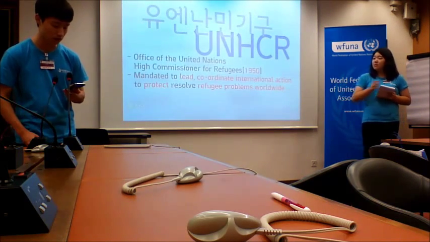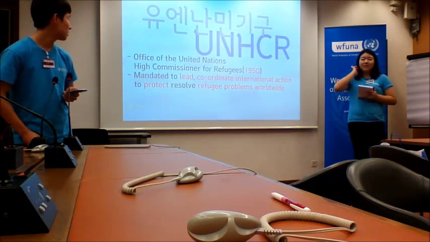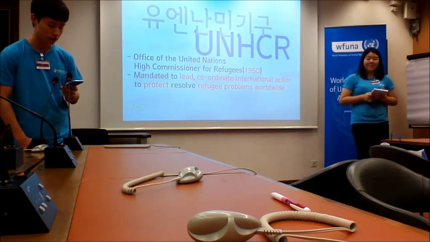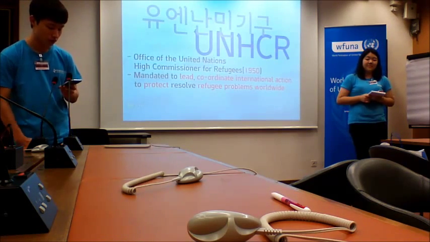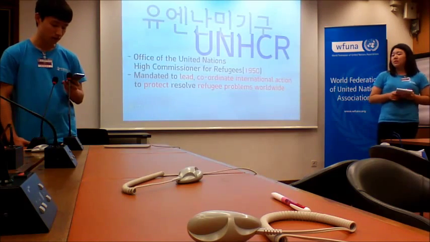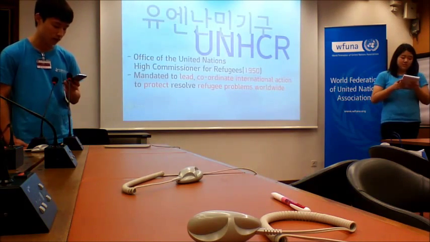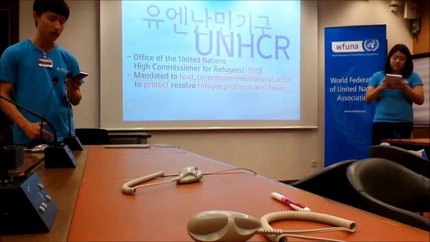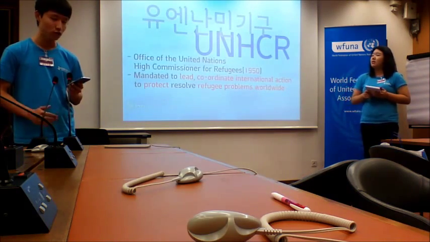The last one is UNHCR, the High Commissioner for Refugees. It was formed in 1950, and its goal is to coordinate and lead international action to protect and resolve refugee problems worldwide.